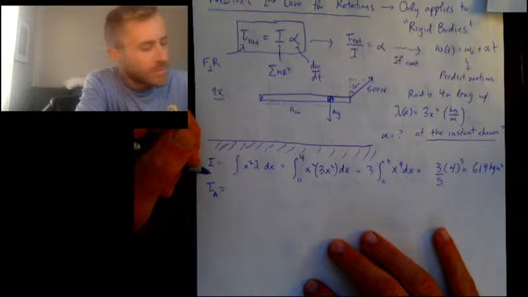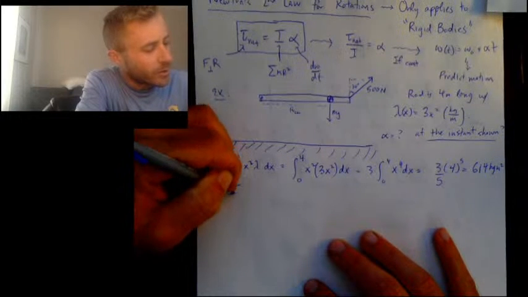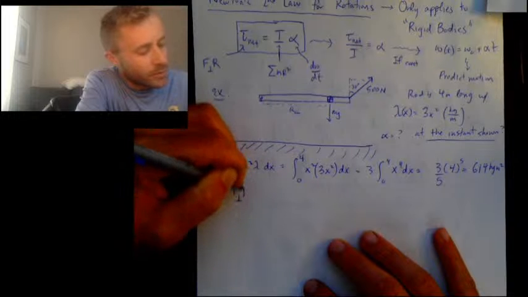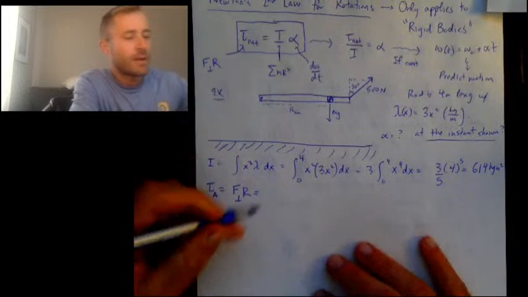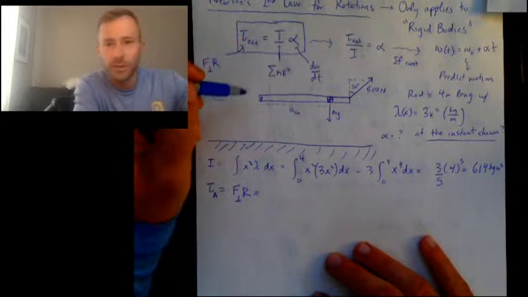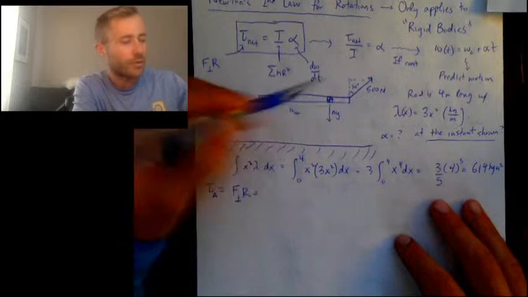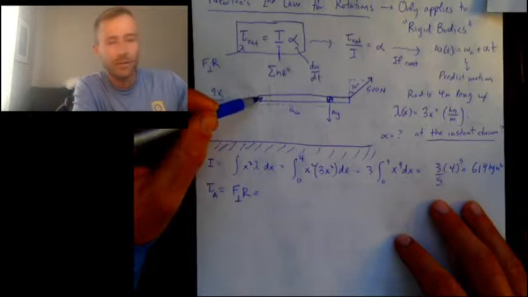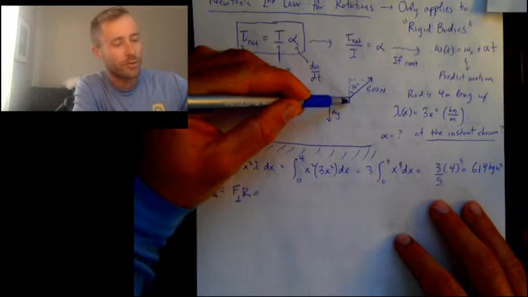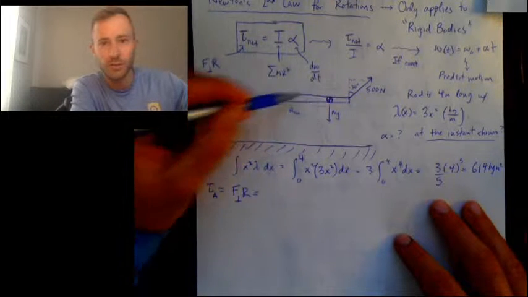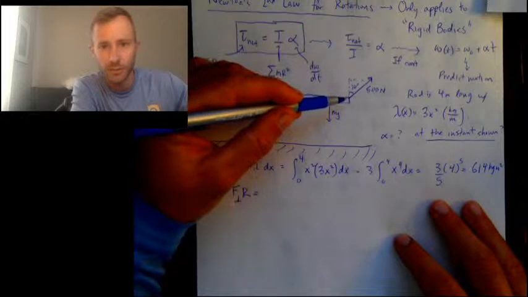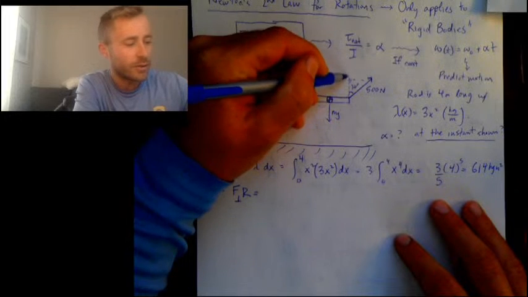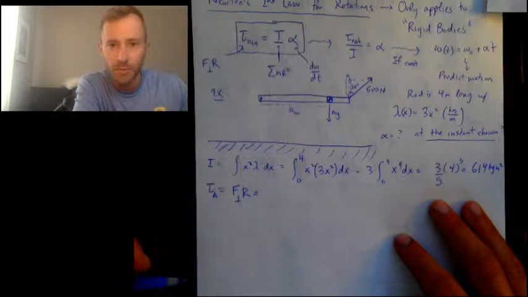The applied torque is going to be F perp times R. F perp is going to be the component of this force that is perpendicular to the line connecting the pivot point to where the force is applied. So this horizontal line, perpendicular to horizontal, is vertical. So this component right here is F perp.